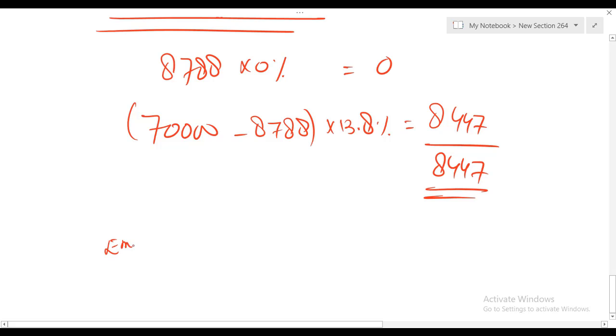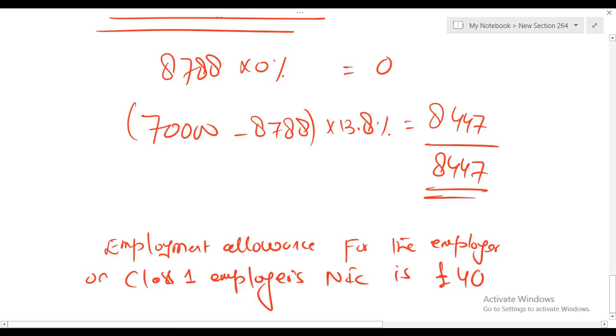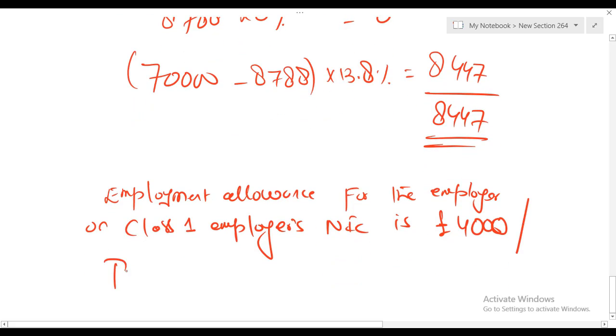Employment allowance for the employer on class 1 employers NIC is £4,000 per tax year.